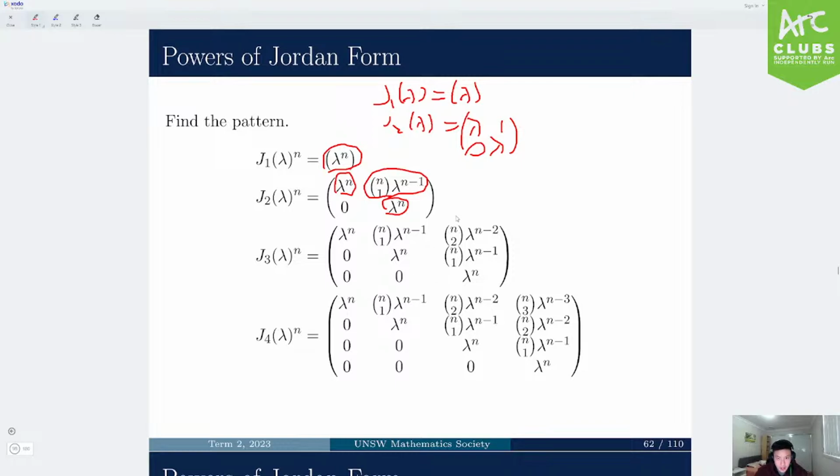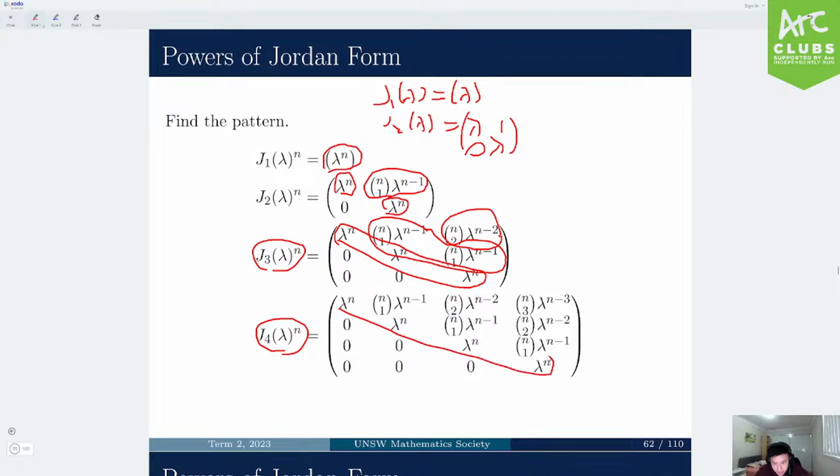Okay. If we continue on this pattern, you'll notice if we look at J3 lambda to the power n, we have lambda to the n in the diagonal, n choose 1 lambda to the n minus 1 in the entry directly above the diagonal, and n choose 2 lambda to the n minus 2 above that. Okay, and we can keep generalizing this notion if we look at J4 lambda to the n.